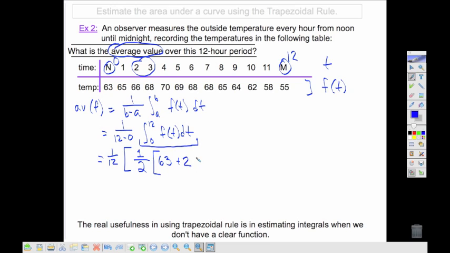We're going to use a shortcut here, multiplying everything else by 2, so we've got that 65 plus 66 plus 68, and so on, 70, 69, all the way until we get to the end here. We're going to add 58, but we will not include the 55 because that is at the end, it only gets used once.